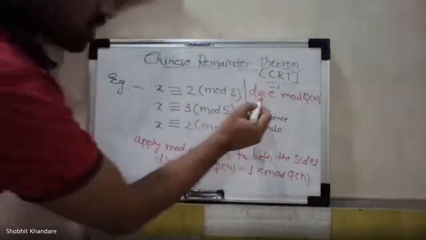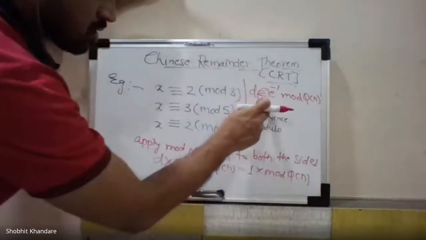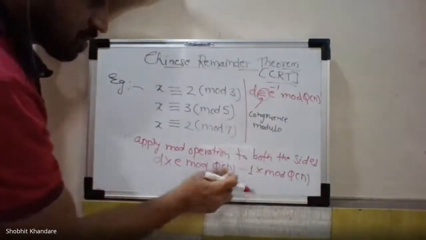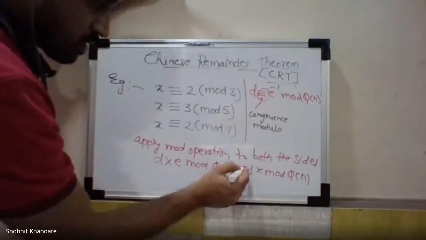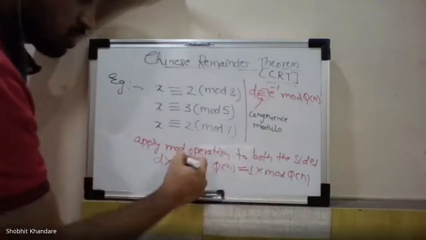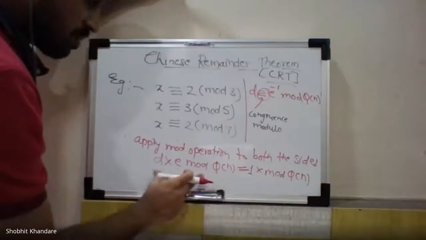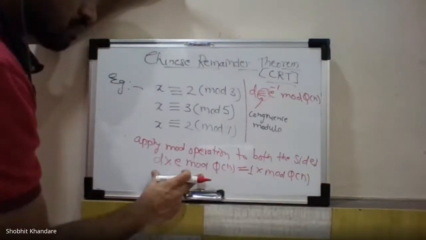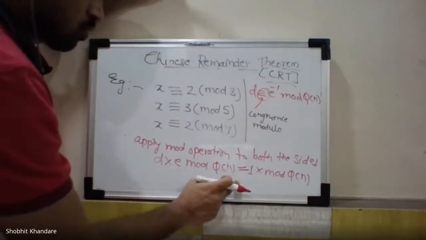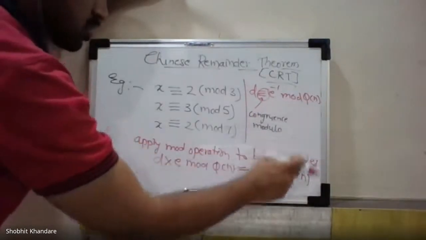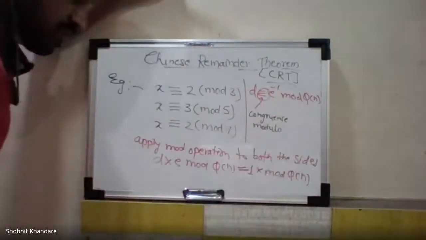Now can you see the congruence modulo sign has been converted into equal sign. So this happens when you multiply the mod operation to both left and right. So when you multiply here, it becomes d into e mod of phi of n, and here 1 into mod of phi of n. That is mod of phi of n into mod of phi of n is equal to single mod of phi of n.